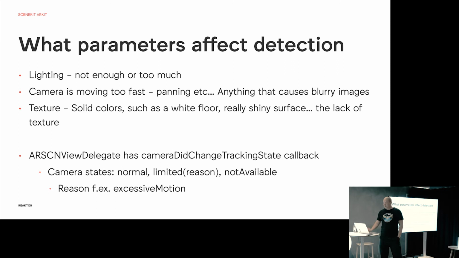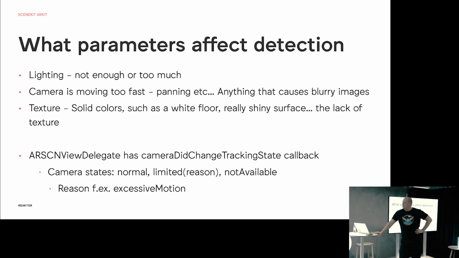And what parameters affect detection? These are something I noticed when my child was playing with the Pokemon application. Lighting: if you go to a dark room, the camera can't detect any planes or anything. And if there's too much light, that also doesn't work; it has to be a fairly comfortable lighting setup.